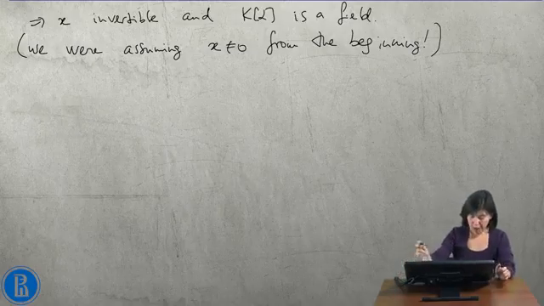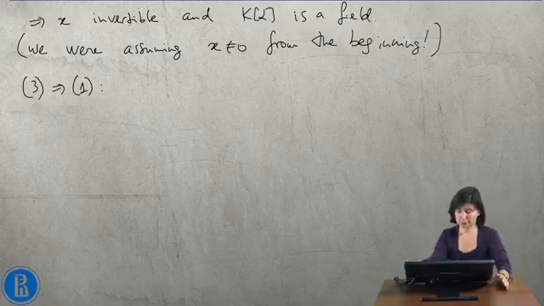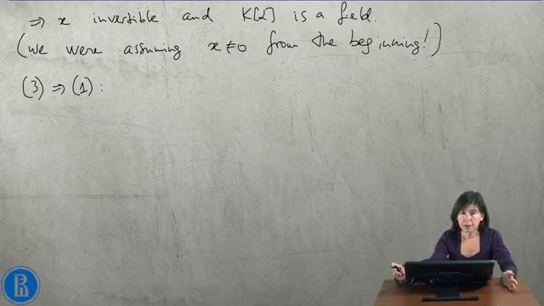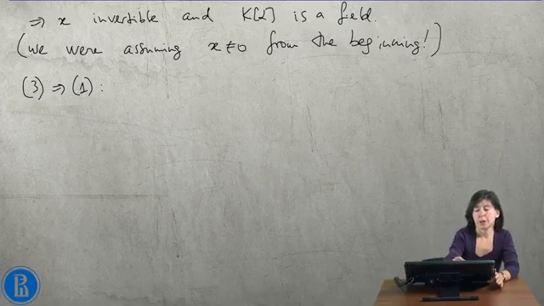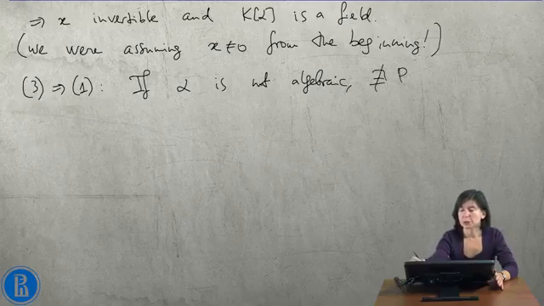Okay, so let me prove that 3 implies 1. So if K of alpha in the square brackets is a field, then alpha is algebraic. This is maybe the easiest part. So if alpha is not algebraic, then there exists no polynomial p such that p of alpha is 0.